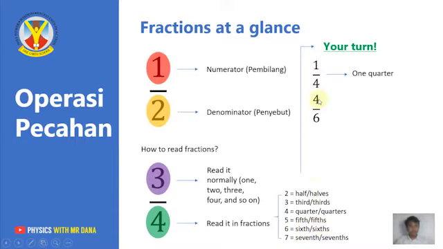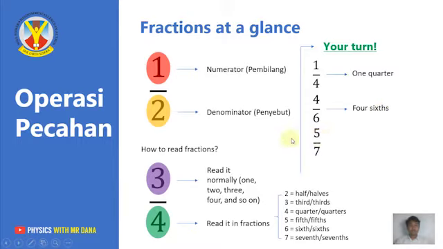To know that, you look at your numerator, which is 4, and 4 is more than 1. So you have to choose sixths with s. So 4/6 is read as four sixths, with s.